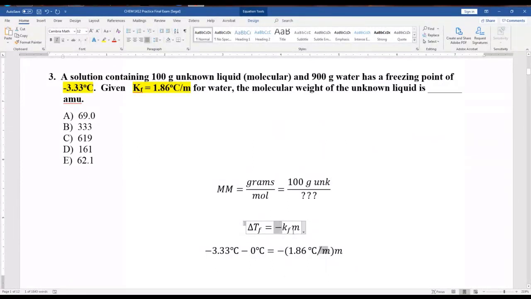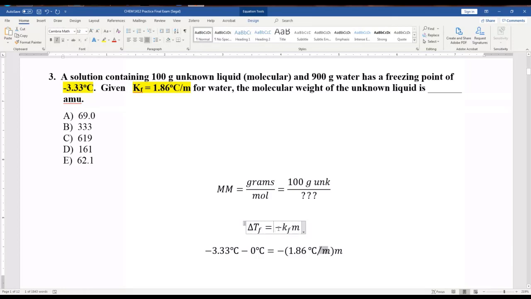Now, I will say this, your book and your lab book, depending on which book you use, some books say positive KFM, some books say negative KFM. Some books just look at the absolute value of the change in the freezing point, so they just leave this as a positive all the time.